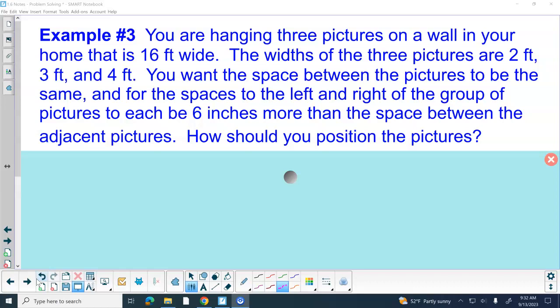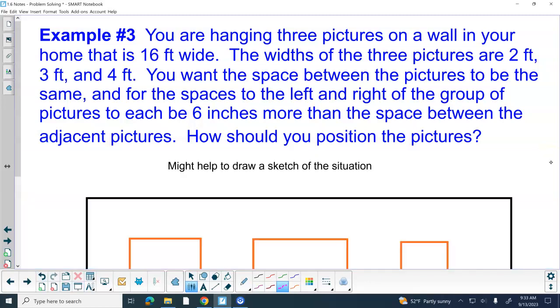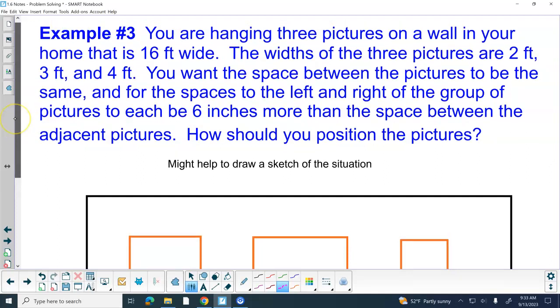You're going to have a wall. So what shape do you want your wall to be? Probably a rectangle. Okay, so we're going to start with a big old rectangle. Then inside of that rectangle, what are we going to put? There's 3 pictures, right? Because it says you're hanging pictures on a wall in your home that is 16 feet wide.